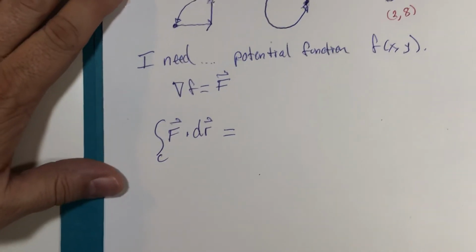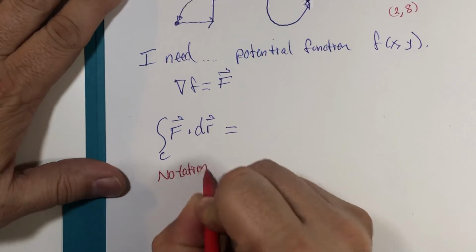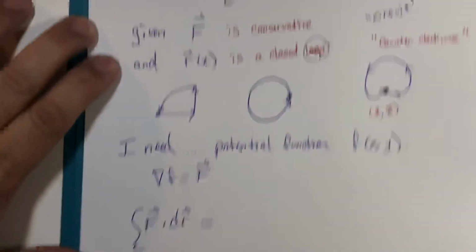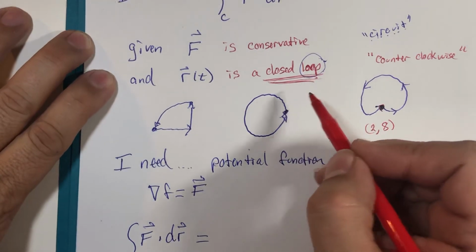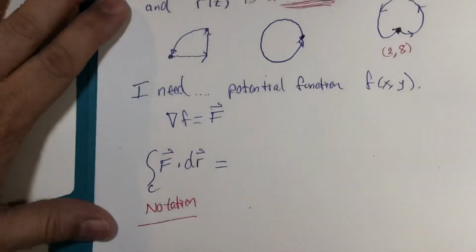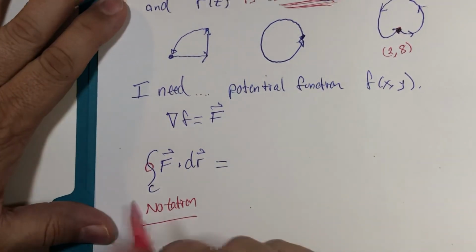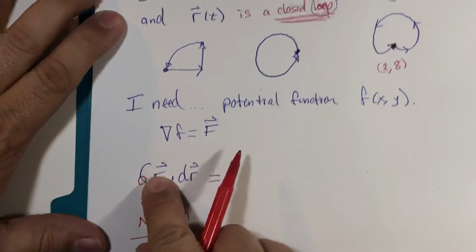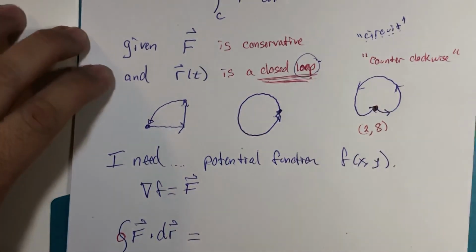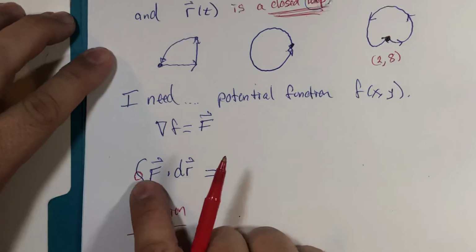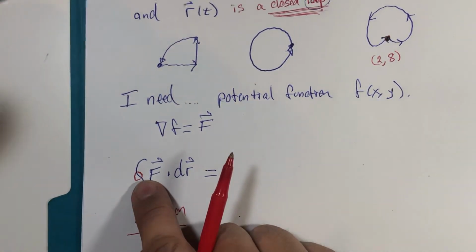Now, let me show you notation. If you have a closed loop, this notation goes in the line integral. This little circle symbol represents a closed loop that is counterclockwise. Some textbooks use this as a shorthand so you don't have to sit there wondering what the curve or path looks like.